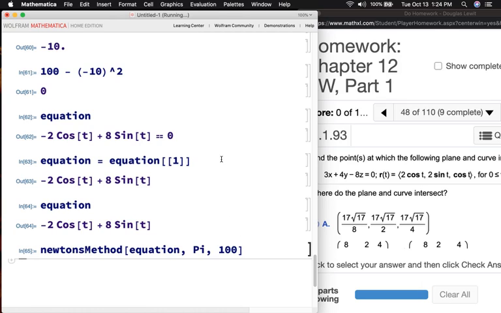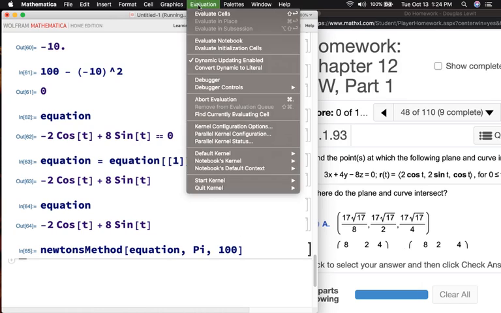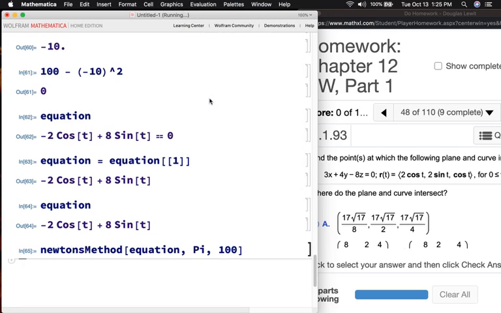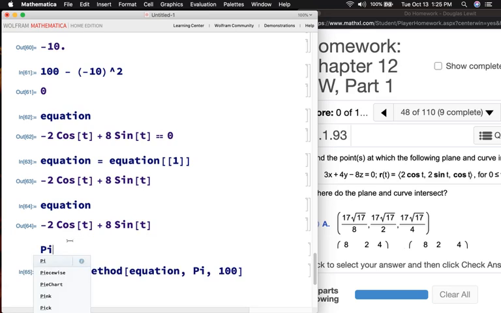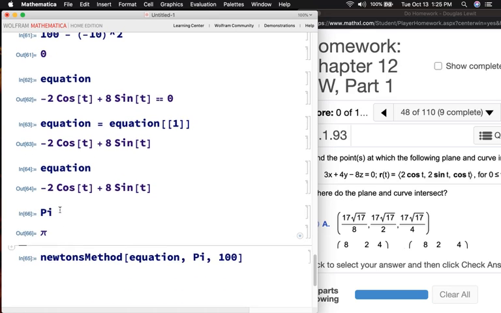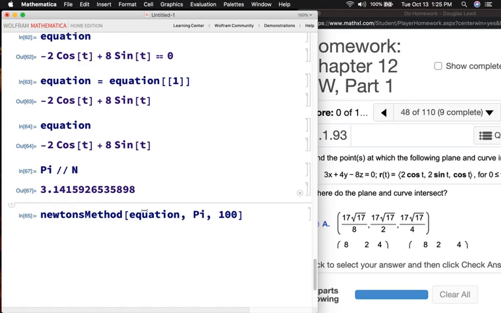Okay, this is taking too long here, so let's abort evaluation. I think the reason it's taking too long is because this needs to be a floating point number. Pi is not a floating point number. How can I change it into a floating point number? That's how I could change it into a floating point number. So let's do that. Newton's method.